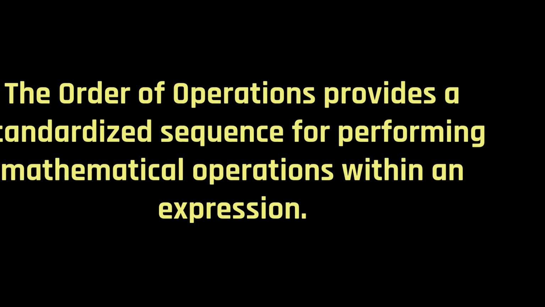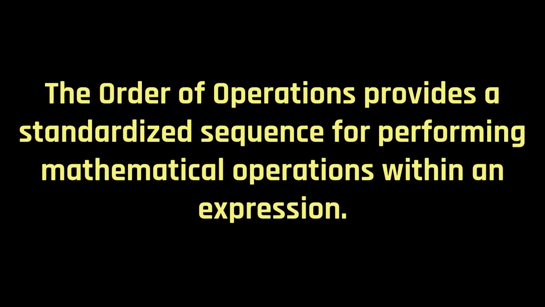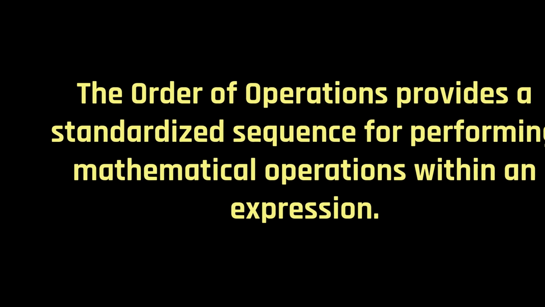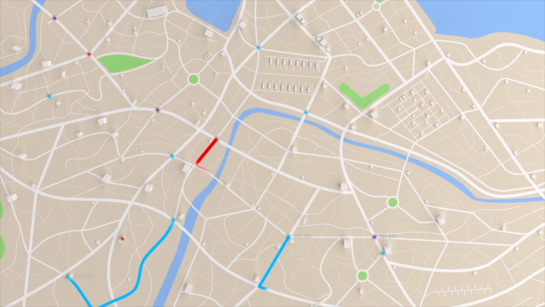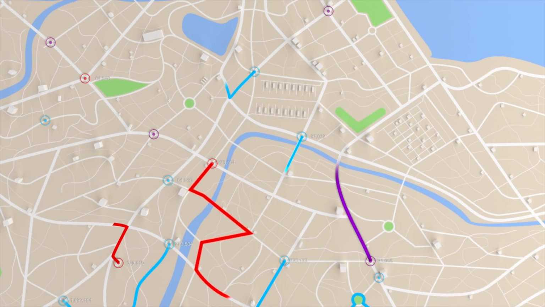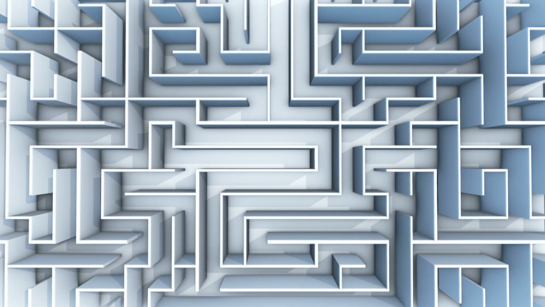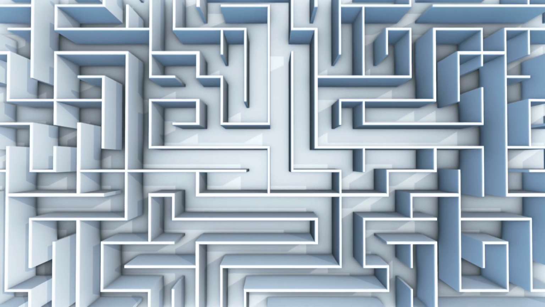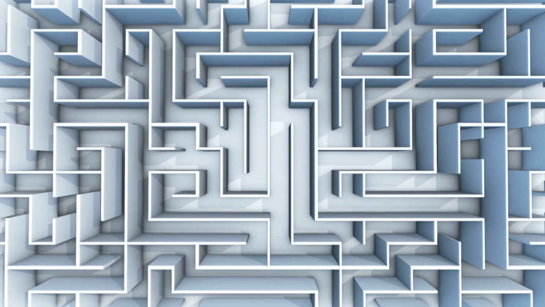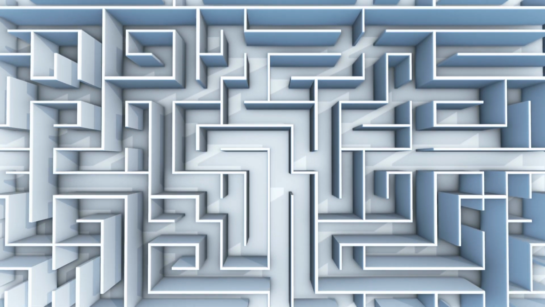At its core, the order of operations provides a standardized sequence for performing mathematical operations within an expression. It serves as a roadmap guiding us through the maze of numbers, variables, and symbols, ensuring that we arrive at the correct solution every time.